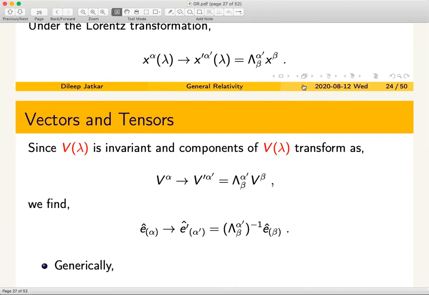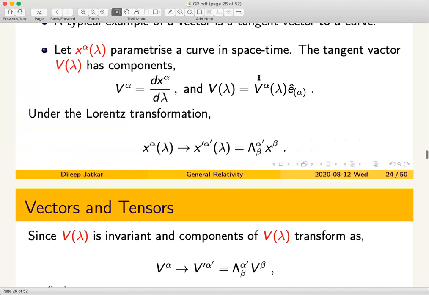And that is the reason why I write down V lambda as an object which does not transform, but V alpha lambda, which is a component of the vector, does transform. And its transformation property is independent of choice of basis vectors. The only thing that is important here is that the basis vectors transform in the opposite way. That is all that is important here.